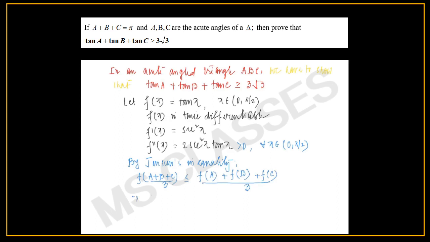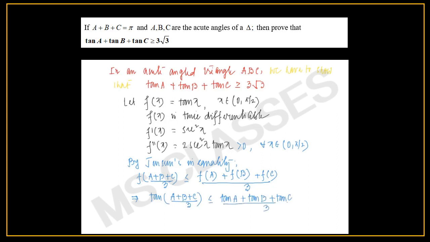Now from this, tan of (A plus B plus C)/3 is less than or equal to (tan A plus tan B plus tan C)/3.